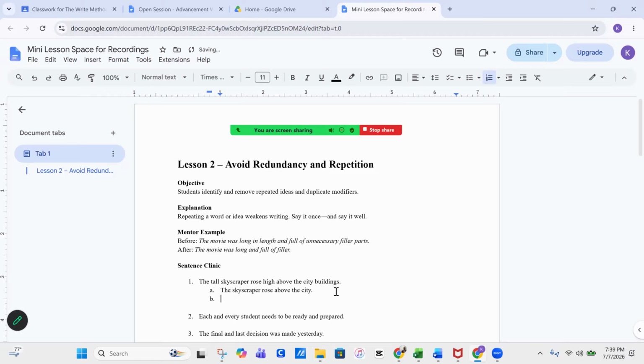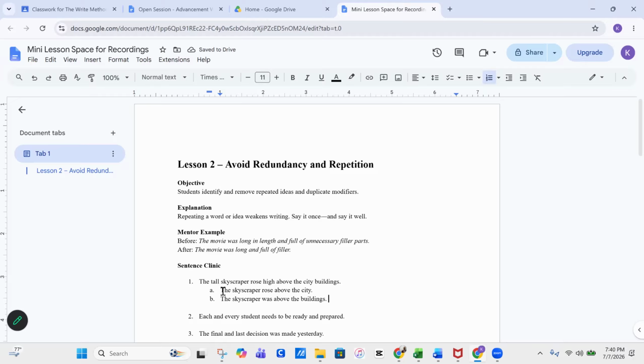Or you might say, the skyscraper was high above the other buildings, or even above the other buildings.